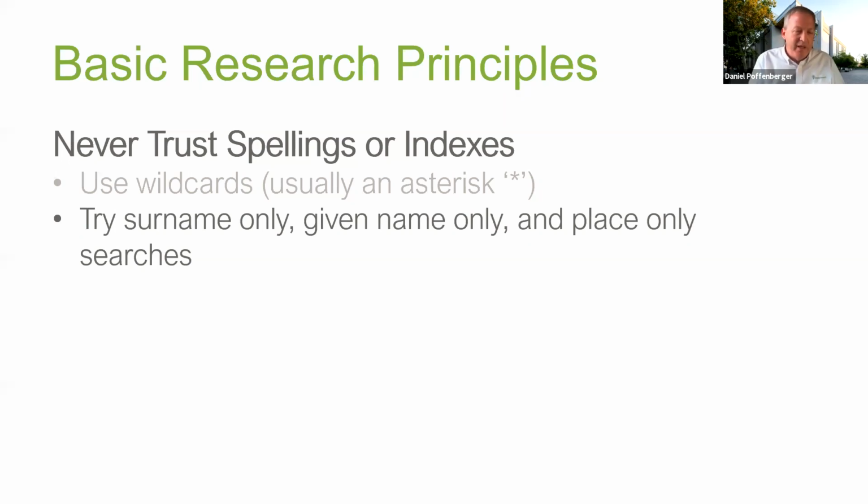And when I clicked on the actual census entry, there was Robert Sheldon, whose father-in-law was on the line above him, who was like John or James White or something like that. And for whatever reason, the indexer put them down as Robert White instead of Robert Sheldon. And so a given name only search, or even a place only search, can help.